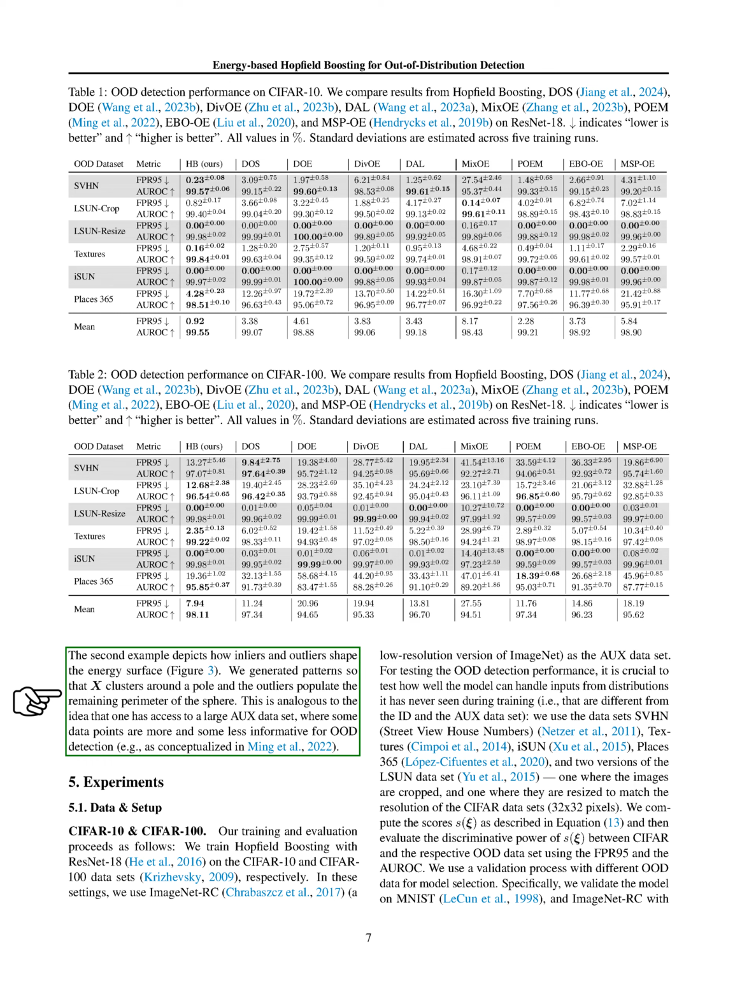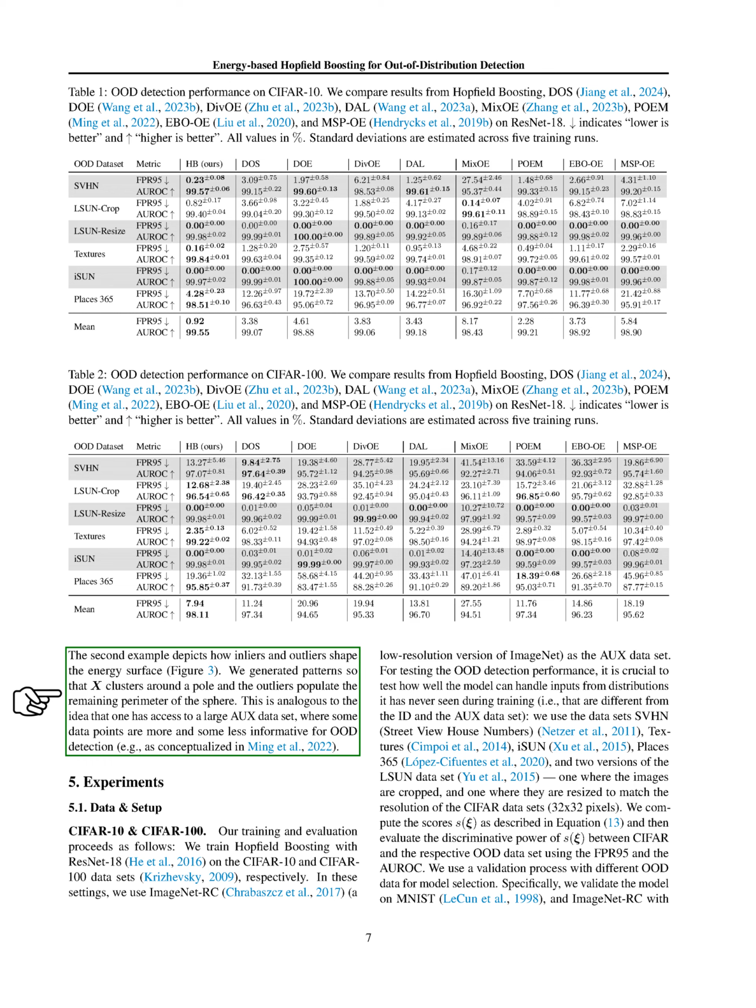In our experiments with CIFAR-10 and CIFAR-100 datasets, we train Hopfield Boosting with ResNet18 using ImageNet-RC as the AUX dataset. We evaluate the model's OOD detection performance on various datasets not seen during training, such as SVHN, Textures, iSUN, Places365, and different versions of the LSUN dataset.